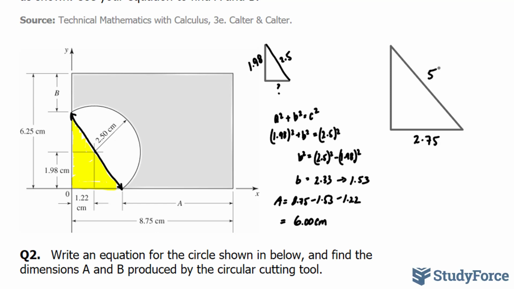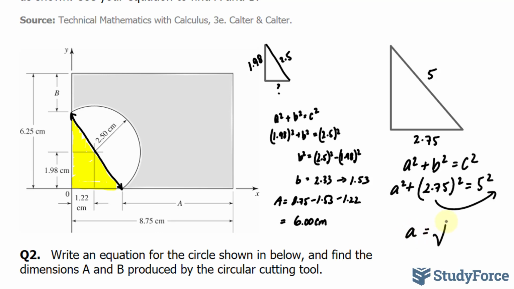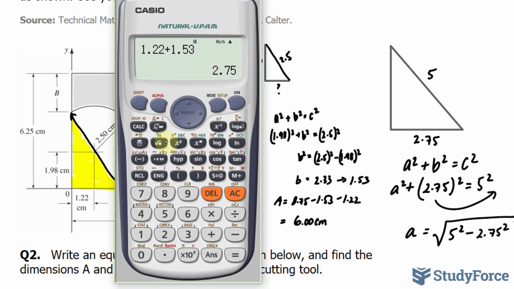And we'll use the Pythagorean theorem to find out this length. So I'll set it up for you. We end up with A is equal to the difference of these two numbers. Using our calculator, the square root of 5 to the power of 2 minus 2.75 to the power of 2 gives us 4.17.